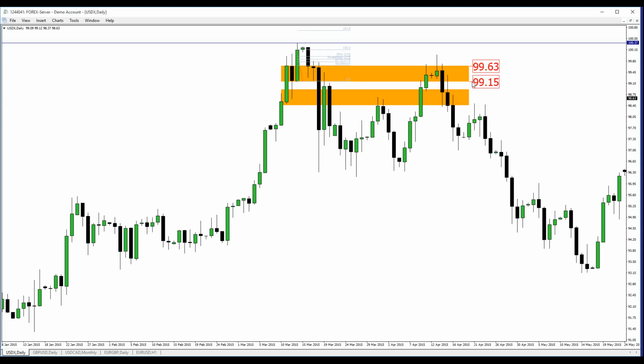So now we have a range of 99.63 and 99.15. Now it may be a little bit off that, but right now it's going to accomplish the method nonetheless. My question is this: between 99.63 and 99.15, what institutional levels reside within that range?